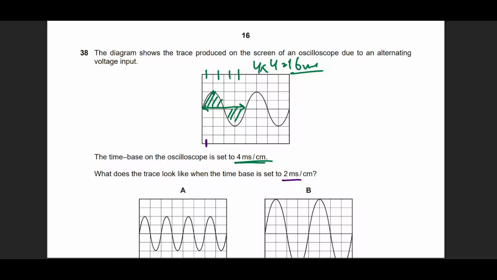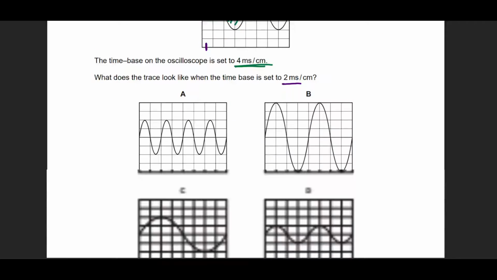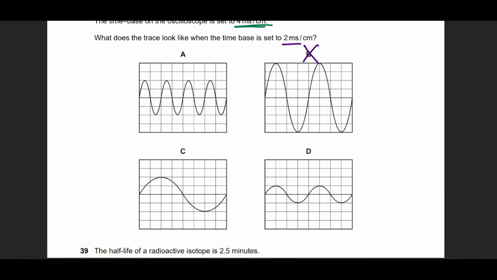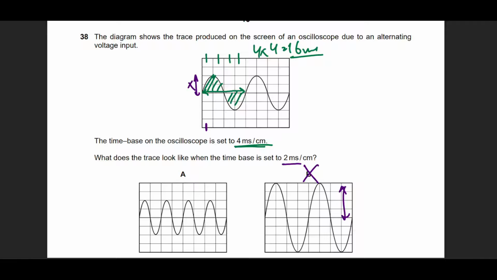First and foremost, changing the time base has no effect on the amplitude, right? So if the amplitude is 2 boxes, then the options should also have 2 boxes. Options B and D are rejected because they are changing the amplitude of the output. The time base has nothing to do with it. So now I have to make a choice between A and C. If I haven't changed the source of the wave, it should still take 16 milliseconds to complete one cycle.